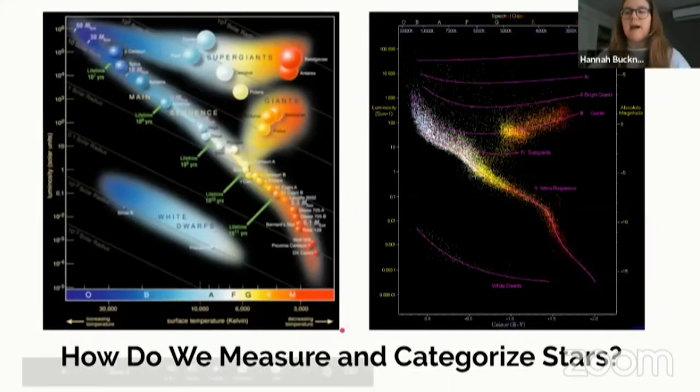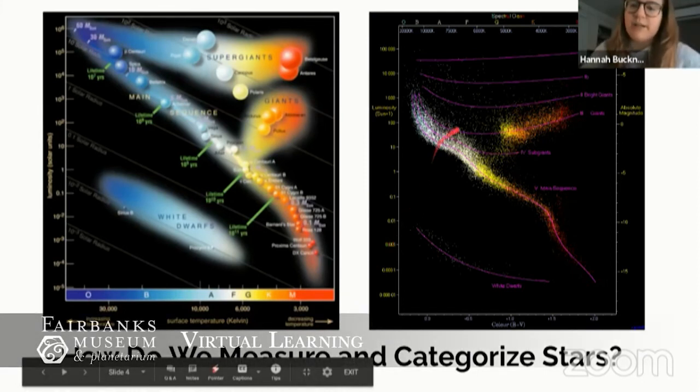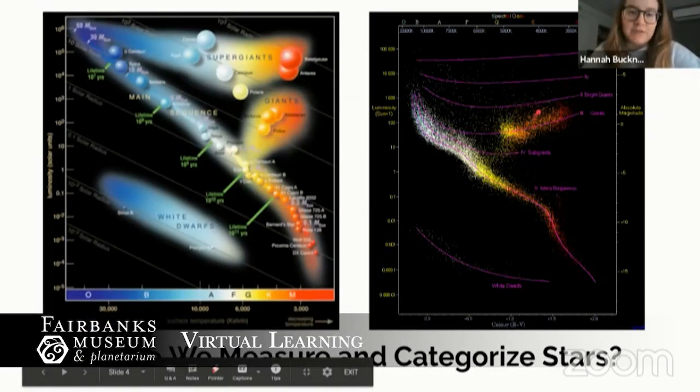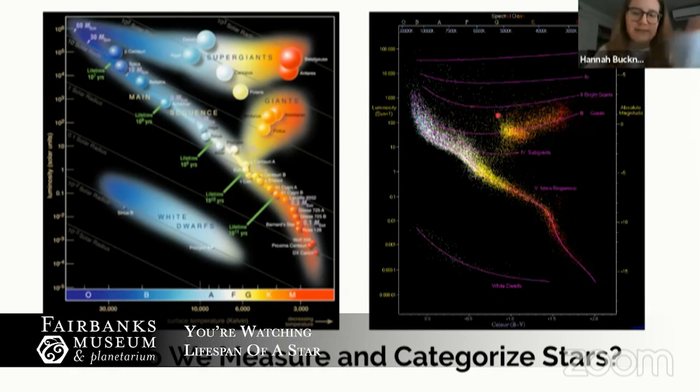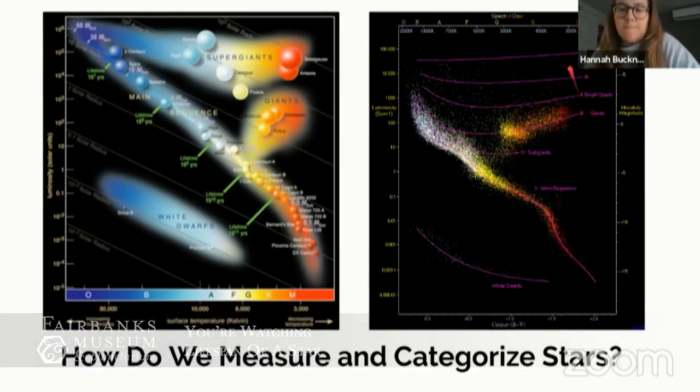So when we're looking at the difference between giants and supergiants, it's about the order of magnitude. So we have giants that are about here, and then they can be brighter. It doesn't really matter. And then we have supergiants, which are much bigger than giants.